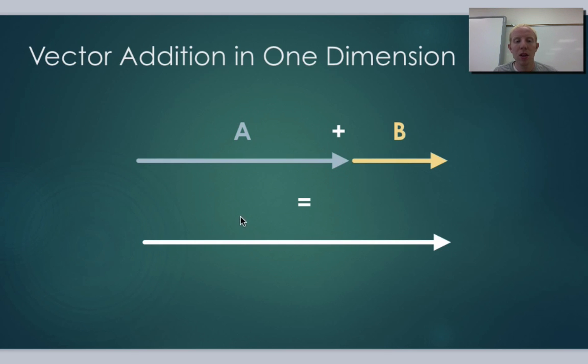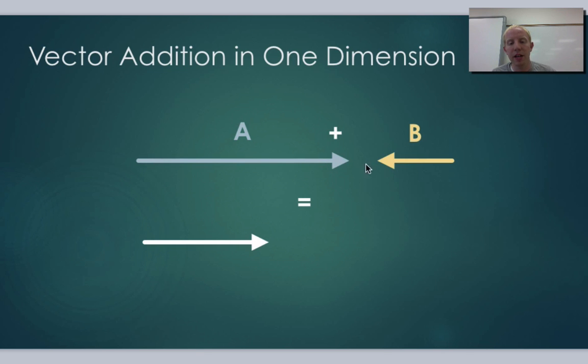If I have two vectors in opposite directions, you should get a vector that is this length minus that length. So if this was 200 newtons and this was 100 newtons, we should see a length of 100 newtons. You can imagine taking this arrow right here and pasting it right there.